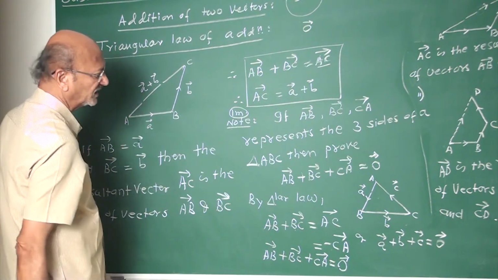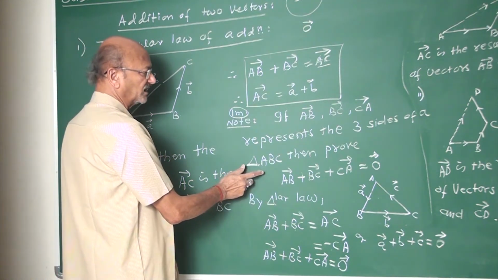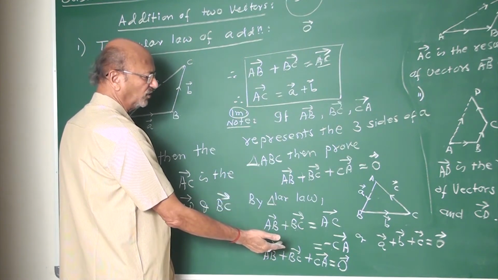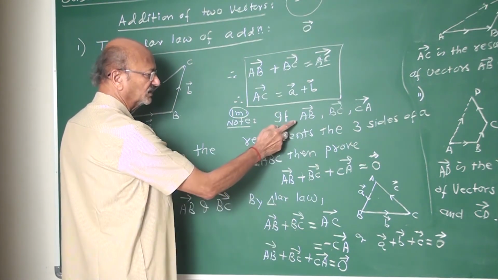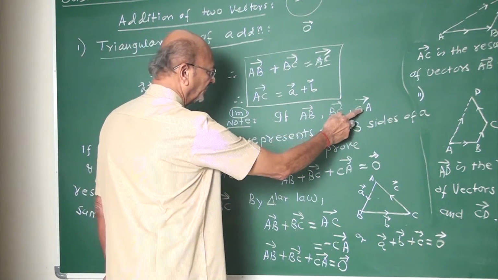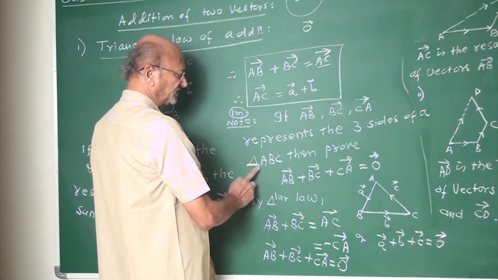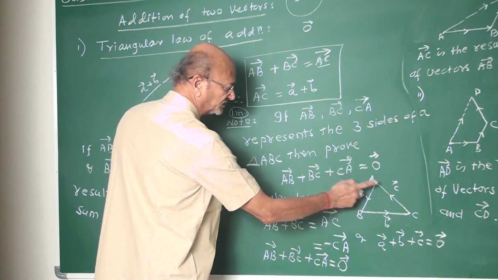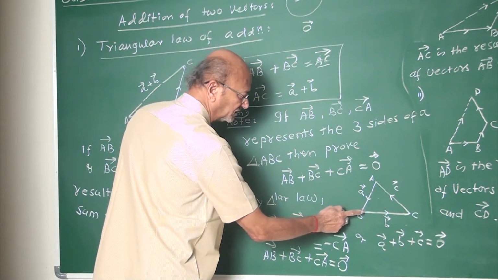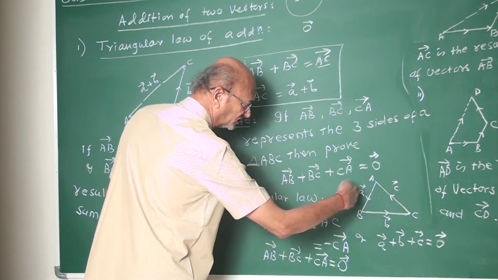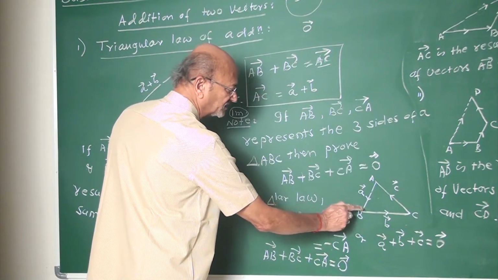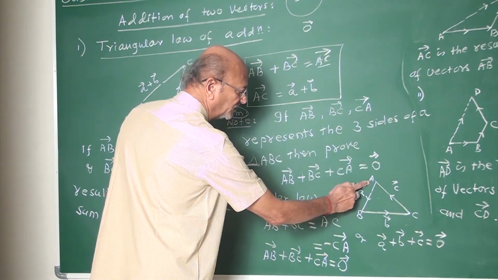Making use of this triangular law of addition, this is a small, good example. If AB, BC, CA represent the three sides of the triangle ABC, this is triangle ABC, AB, BC, CA taken in order, they represent the three sides of triangle ABC.